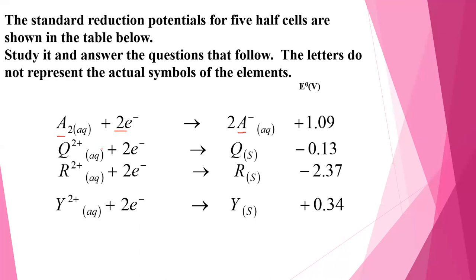But when they are on your right hand side, it is an oxidation reaction. So you should be able to know that. So we have all these ones. This one has been reduced to this. This one has been reduced to this. This one also has been reduced to this. This also has been reduced to that.